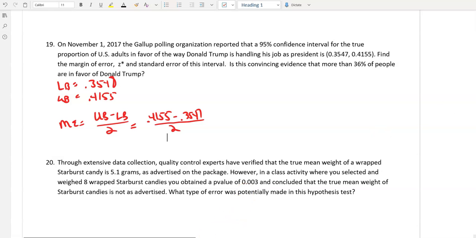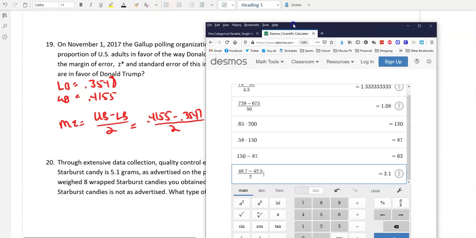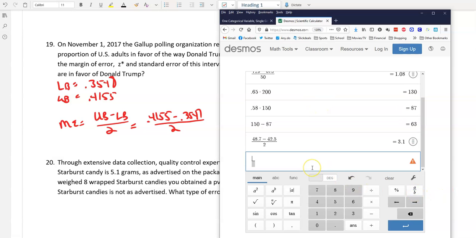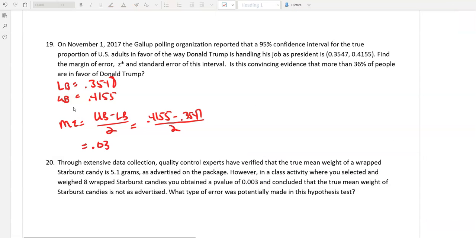And I'm going to do that in a Desmos Scientific Calculator here. So I'm going to use my fraction A over B there, and I get 0.4155 minus 0.3547 divided by 2. And I get 0.0304 is my margin of error. So there is my margin of error.